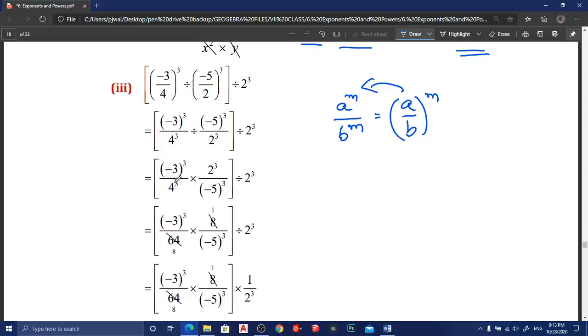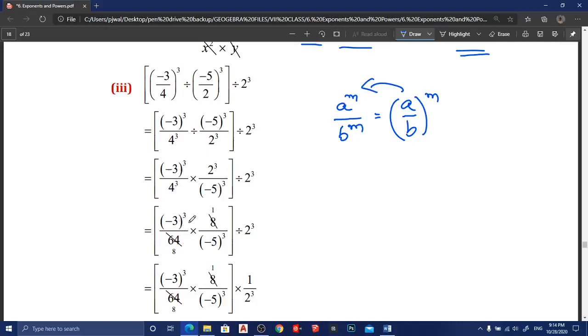I am taking the division of this one by using the division concept. Write the first fraction as this, minus 3 cube by 4 cube, and write the division as into and take the reciprocal of the second fraction. Reciprocal of the second fraction means just write the denominator as numerator and numerator as the denominator. So now it is minus 3 whole cube by 4 cube, which means 64.